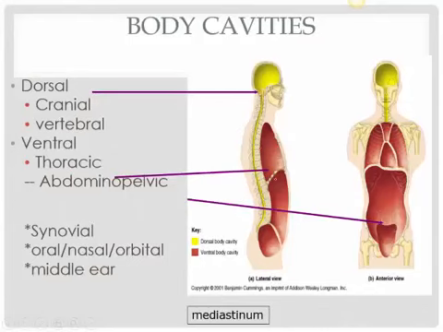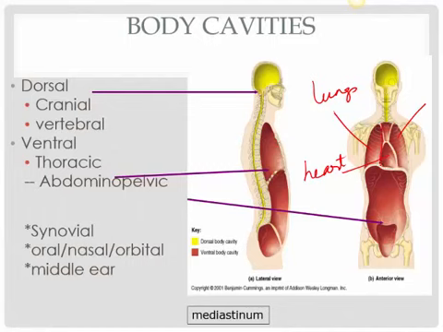Now, since this ventral body cavity also has important organs, for example, in the thoracic region, you have the lungs, one lung on each side, and then the heart in the middle. The area between the two lungs where the heart lies is called the mediastinum.